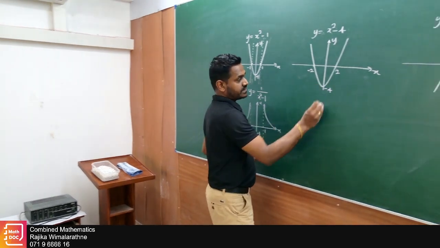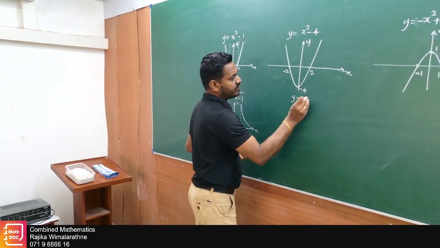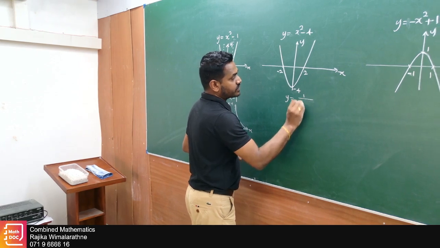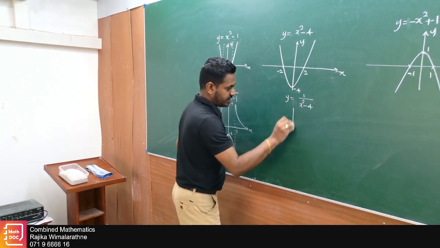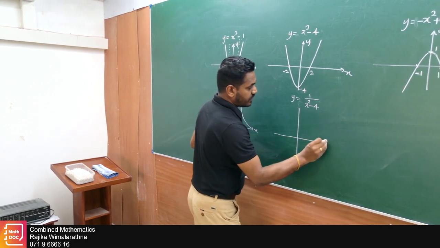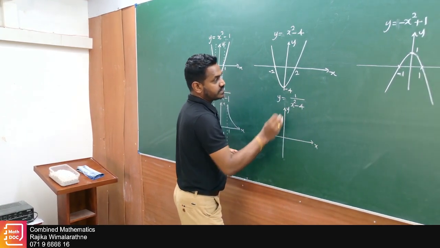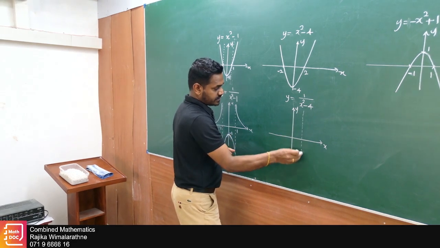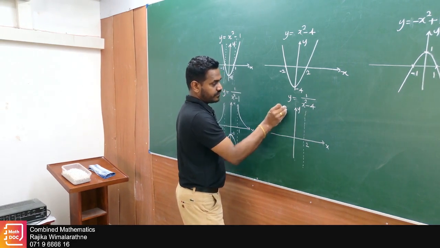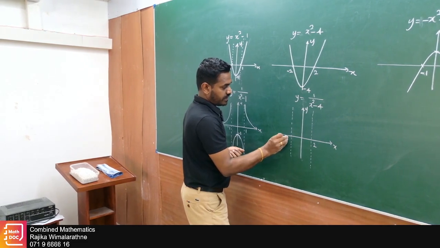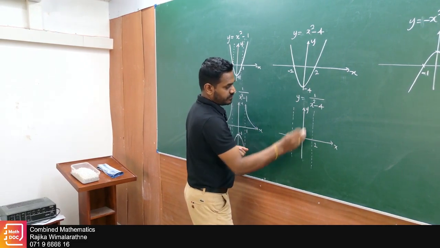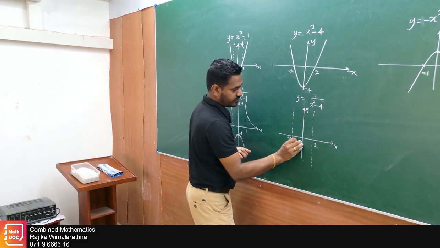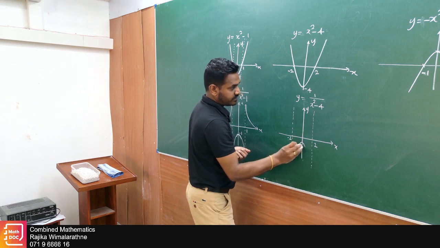So when you sketch this, y equals 1 over x squared minus 4, let's see it. Here x-axis, y-axis. First thing you need to consider is the x-intercept. Sketch vertical lines at 2 and minus 2. Here minimum changes to maximum.